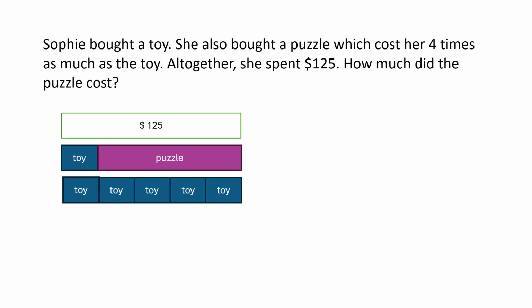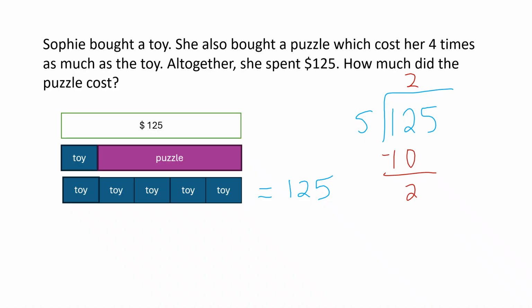So if 5 toys will give me the total cost of 125, I just have to do a simple division. 125 divided by 5. That goes into 25 times. So each toy costs $25, right?